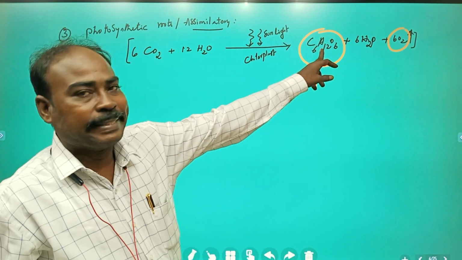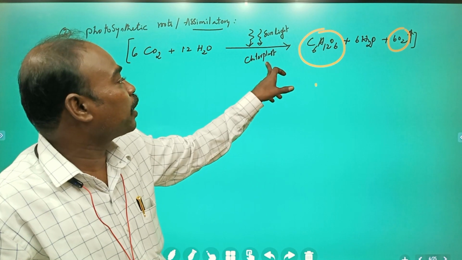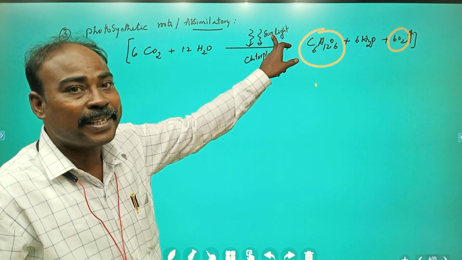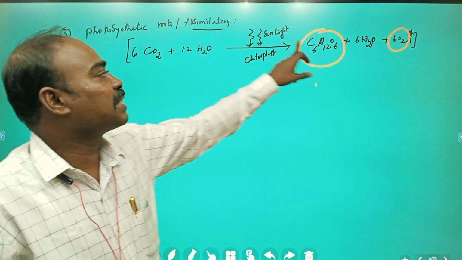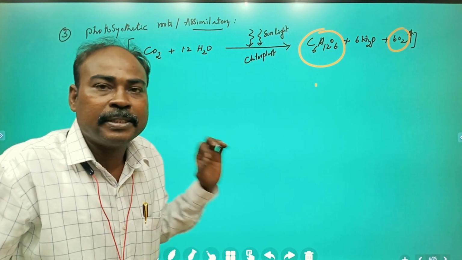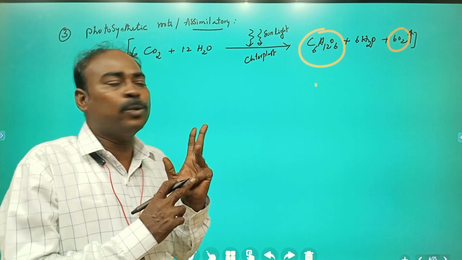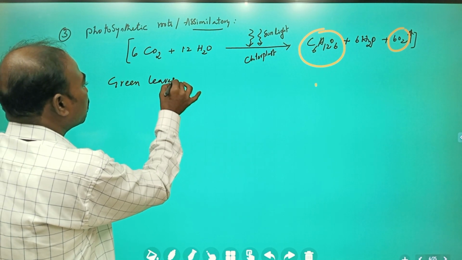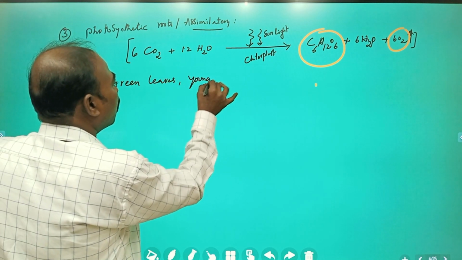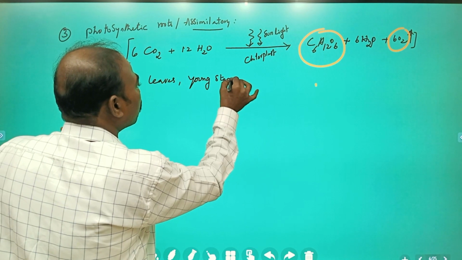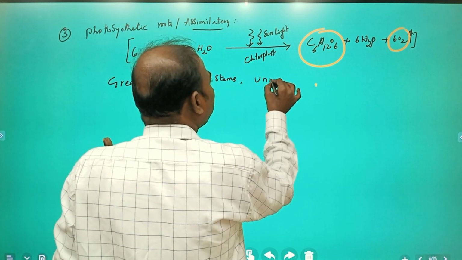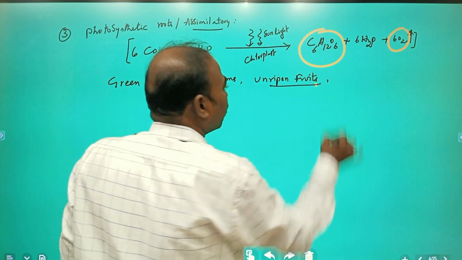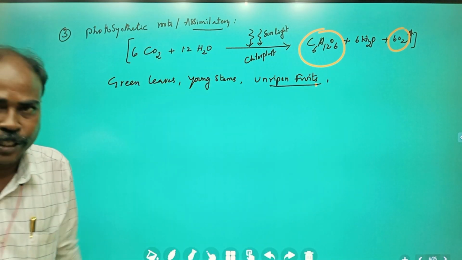Green plants prepare glucose because they have chlorophyll pigments which absorb sunlight and can fix carbon dioxide as carbohydrates. Generally, aerial parts such as green leaves, young stems and unripened fruits, which are green in color, participate in photosynthesis.